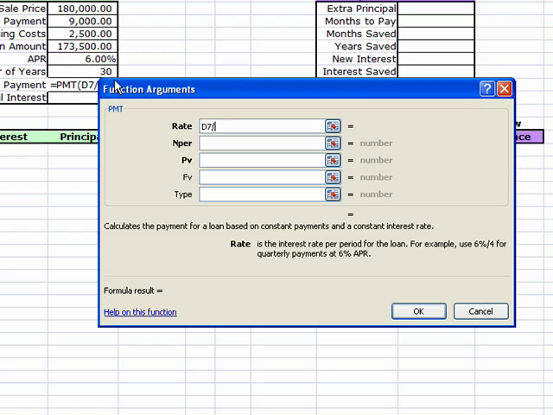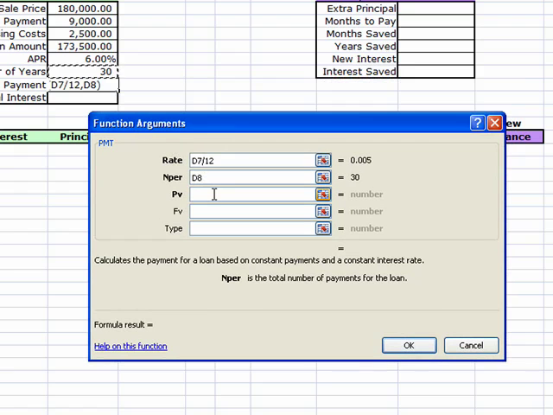So D7 represents our APR. We're dividing it by 12 because it's a monthly payment we're after. Okay, we want D8 for the number of years multiplied by the 12 months in the year. That will equal 360 monthly payments altogether.